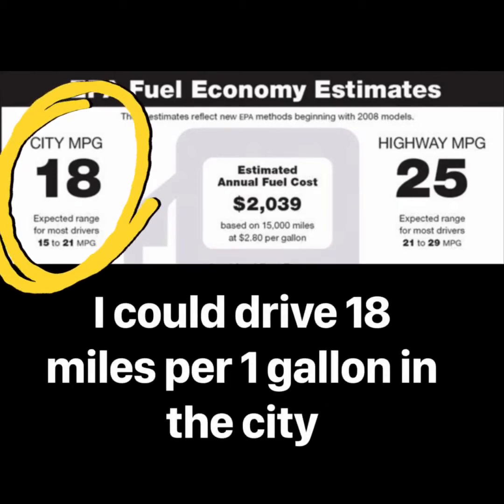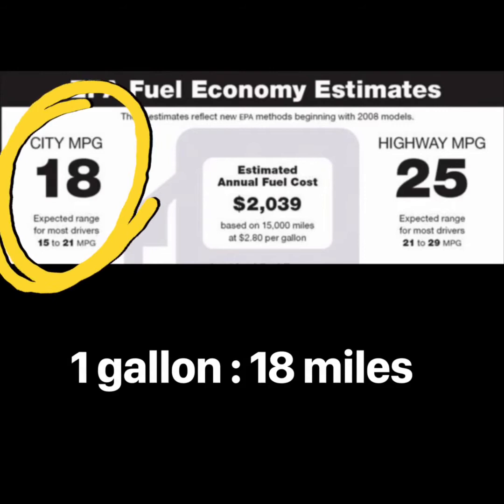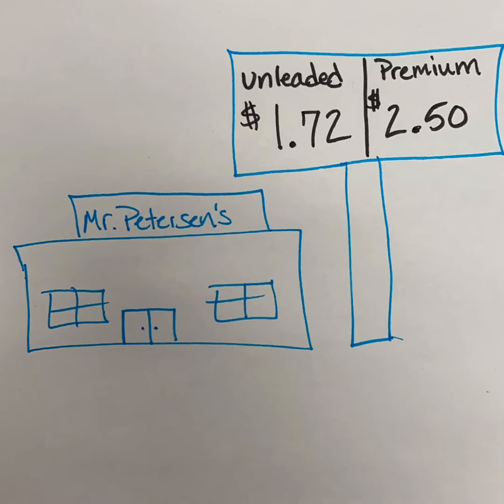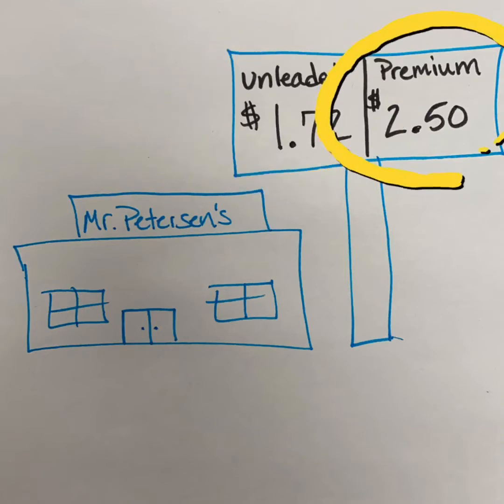What this number means is that I could drive 18 miles per 1 gallon of gas in the city. Or, expressed as a ratio, 1 gallon of gas to 18 miles that I could drive my car in the city. We also do this with the prices of things. So this is Mr. Peterson's gas station, and you can see we would have to pay $1.72 per 1 gallon of unleaded gasoline, or $2.50 per gallon of premium gas.